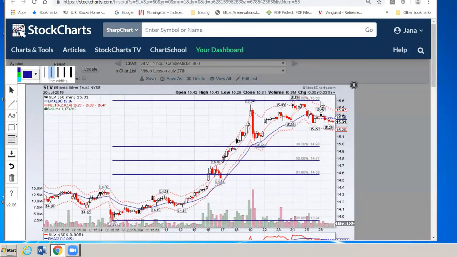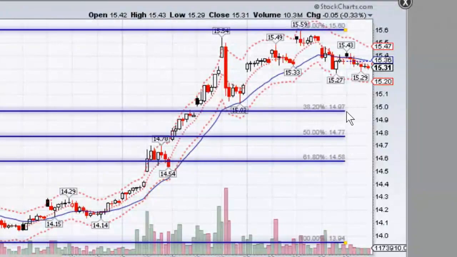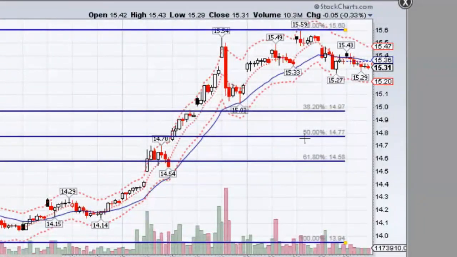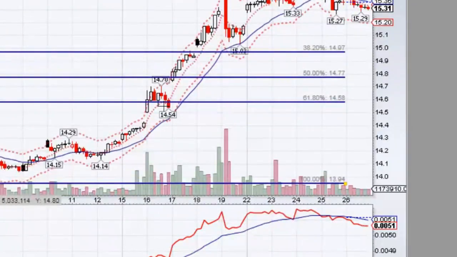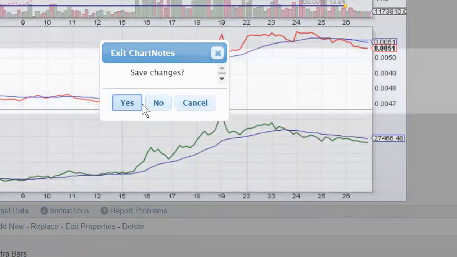You go up to this high, and you get 1497 as a 38% retracement, and 50%, and then 61.8%. So really, I'm keeping a pretty wide stop on the rest of the position. 1454 would suggest my weekly and daily analysis is dead wrong if we drop below that any time. So I don't think that's going to happen.